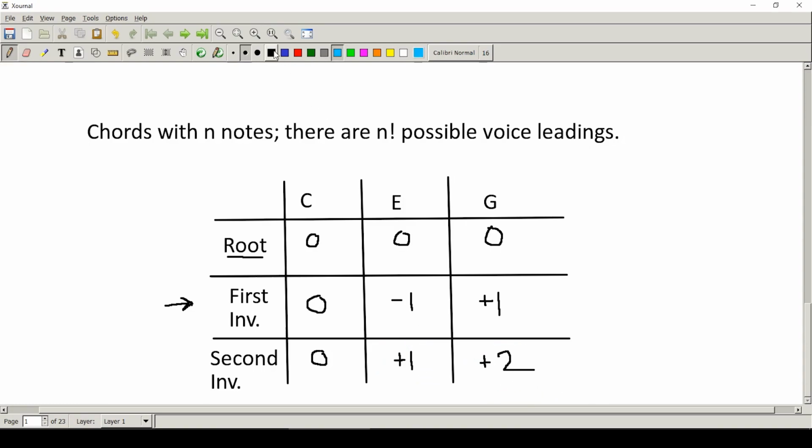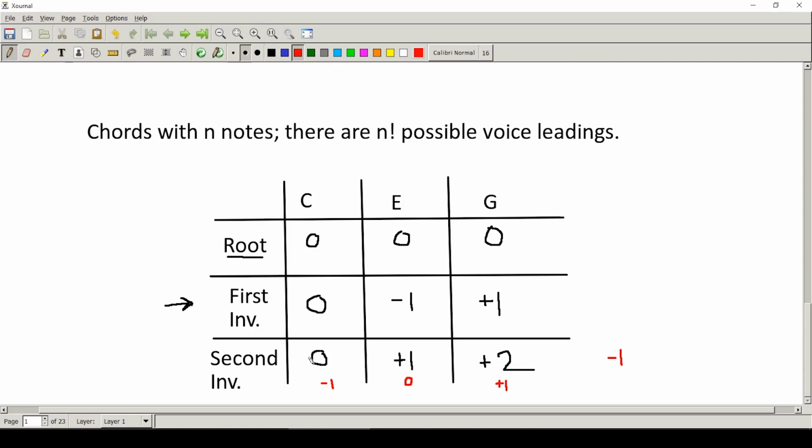And because this motion involves different amounts, when I combine the mode change with a -1 transposition, the root ends up going down 1, the third ends up staying the same, and the fifth ends up going up 1.